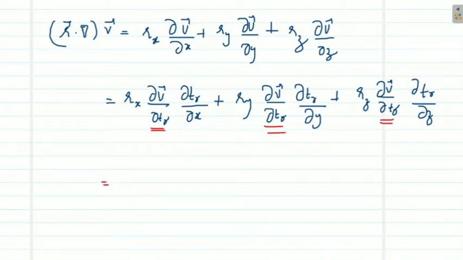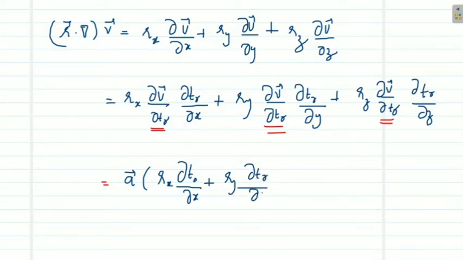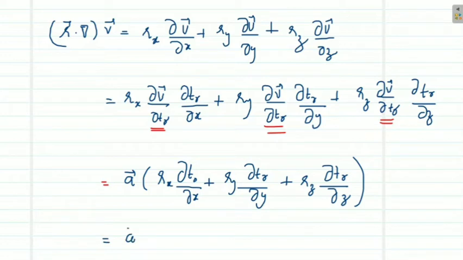So we can take a bar as common, and the rest of the terms are Rx into dou tr by dou x plus Ry into dou tr by dou y plus Rz into dou tr by dou z. Now what is this term inside the bracket? It is simply r bar dot del tr.